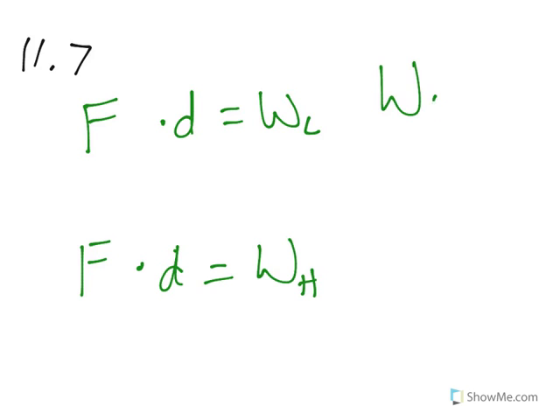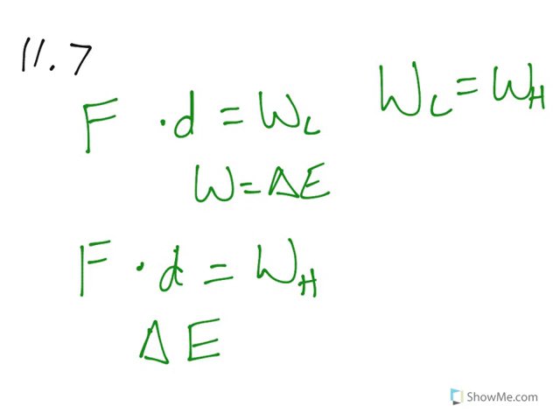Remember that work is equal to the change in energy. And the energy that would be changing in this case should be the change in kinetic energy, because notice, this block is neither going up or going down. So if the work done on the light cart is the same as the work done on the heavy cart, their changes in energy should also be equal.